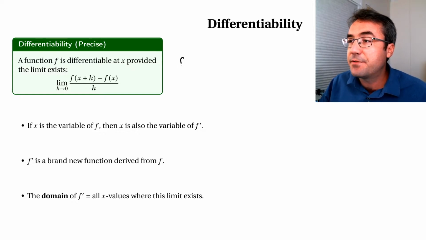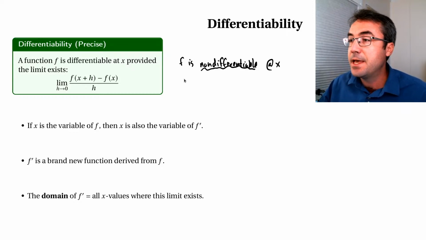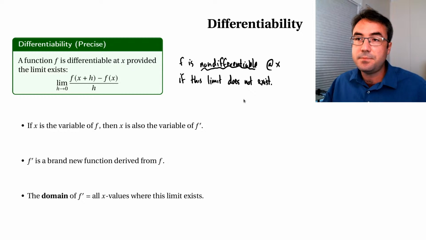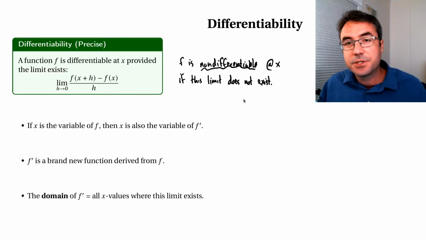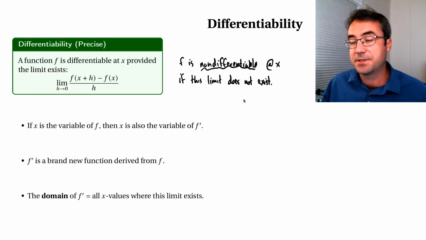So we say that f is non-differentiable at x if this limit does not exist. So if the limit exists, our function's differentiable at x. If it doesn't exist, then it's non-differentiable at x.